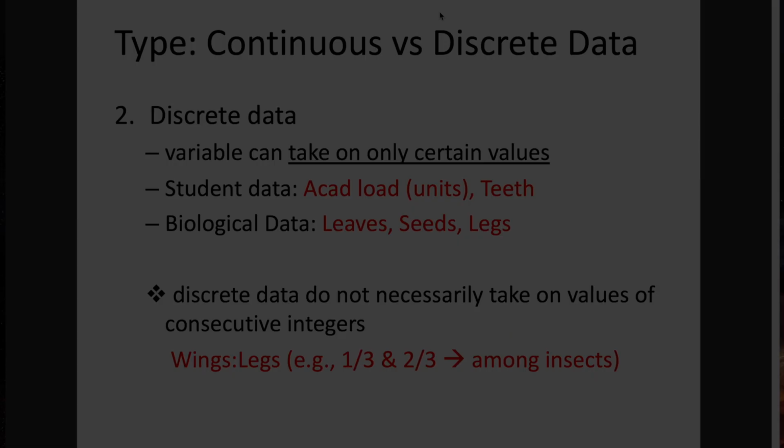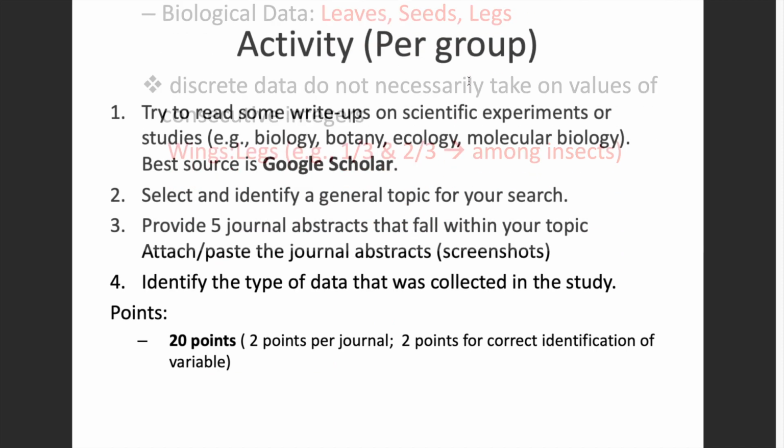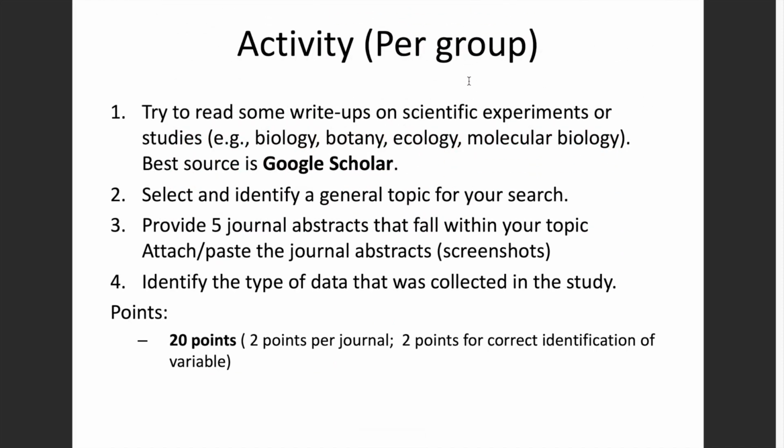Okay? So yeah, that's it for today. Thank you for listening. And before we end, I just have a certain activity for you. So this is per group, of course, where you will try to read write-ups of scientific experiments or studies that you like. Preferably, you can use Google Scholar for this.